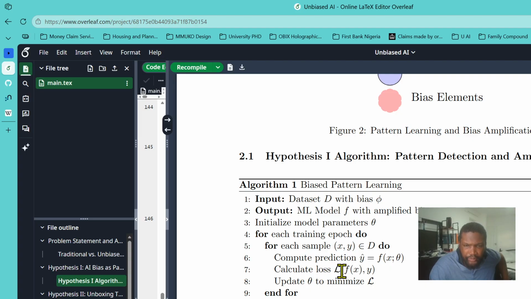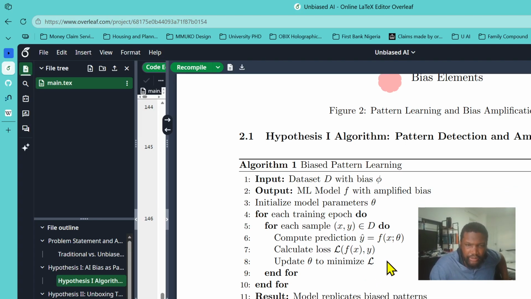Calculate the loss L of the function of x given y. This is a monotone function of increase of y. So this is like a function y being computed to the scale of y, and update theta to minimize L, which is the loss.